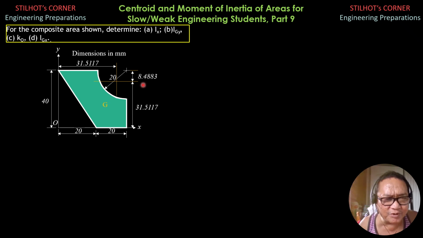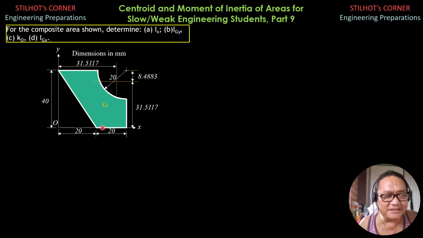You have to show that it is 8.4883 to 4 significant figures in mm. Then this distance of the centroid of the quarter circle to the x-axis is 40 minus 8.4883, so 31.5117.